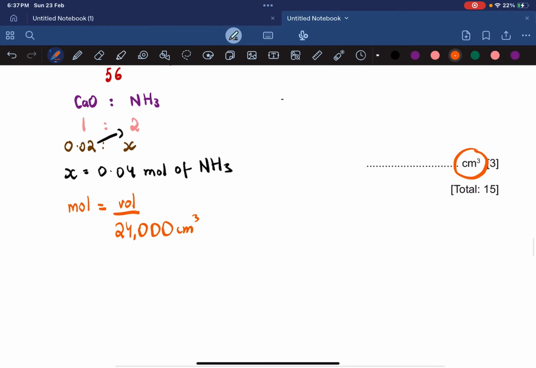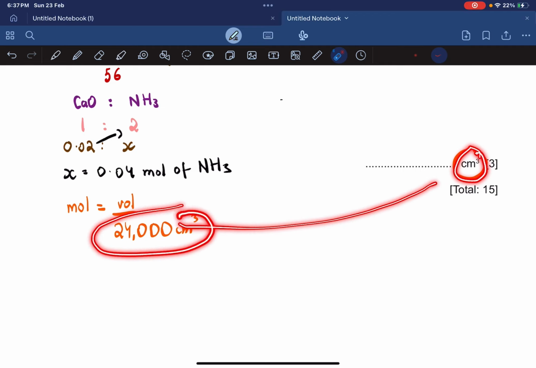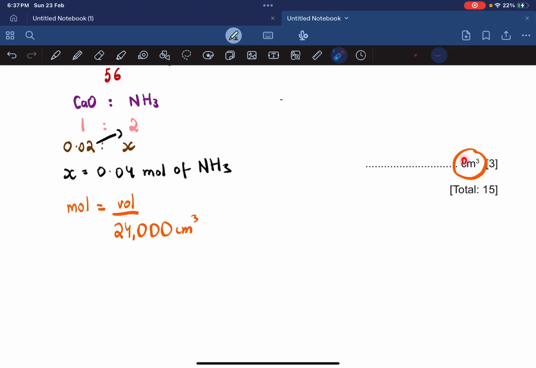Okay? Let me repeat my statement. In the answer space, it was given that I had to give my volume in cm cube. So I took 24,000 cm cube as my denominator. If I was asked to calculate my volume in dm cube, then I would only take 24 dm cube over here. But right now I'm asked in cm cube, so I'll take cm cube in my denominator. I know my moles, I just calculated them.